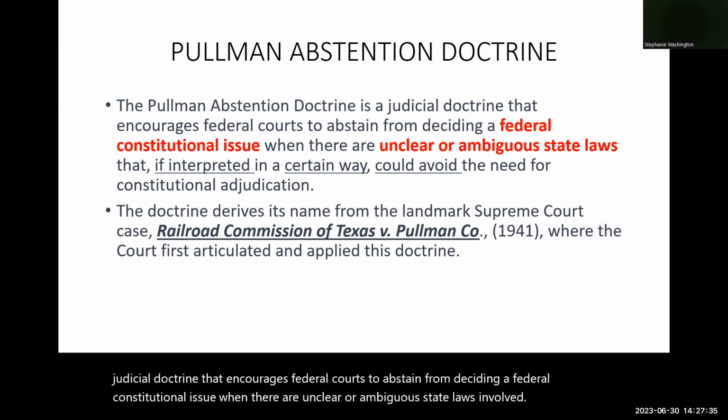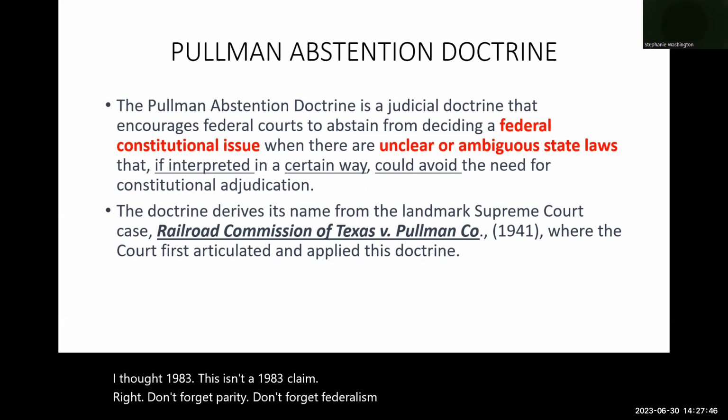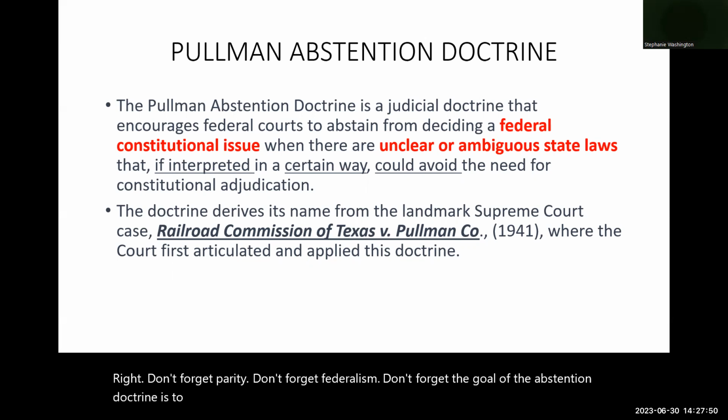Well, I thought 1983, well, this isn't a 1983 claim, right? Don't forget parity. Don't forget federalism. Don't forget the goal of the abstention doctrine is to try to breed peace, right? Is to try to prevent the unnecessary tension, okay?